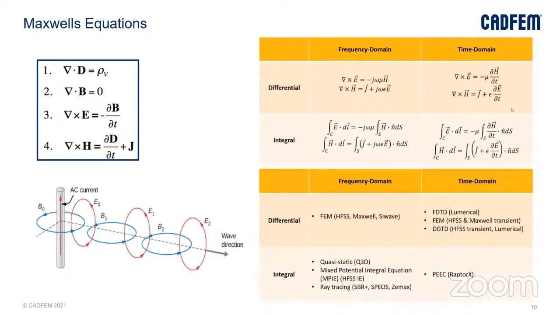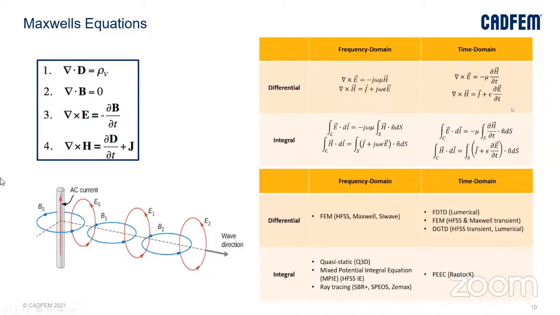Basically, computational electromagnetics deals with Maxwell's equations. Maxwell's equations here are listed below, for both electric and magnetic fields. These equations tell how the electric and magnetic fields behave.